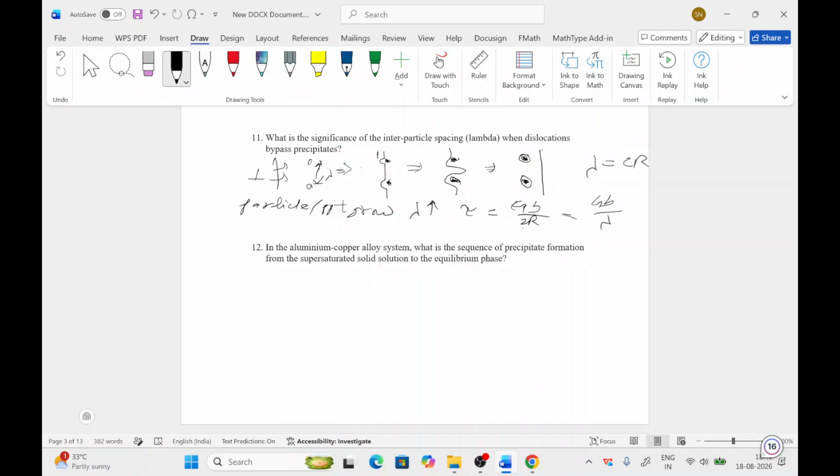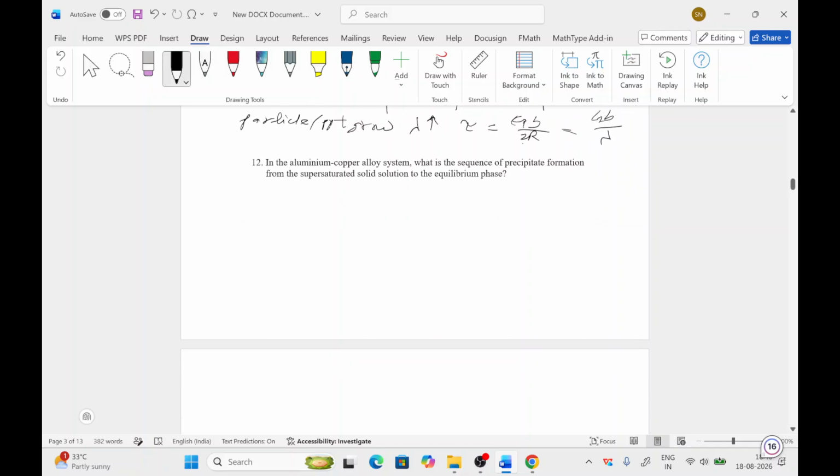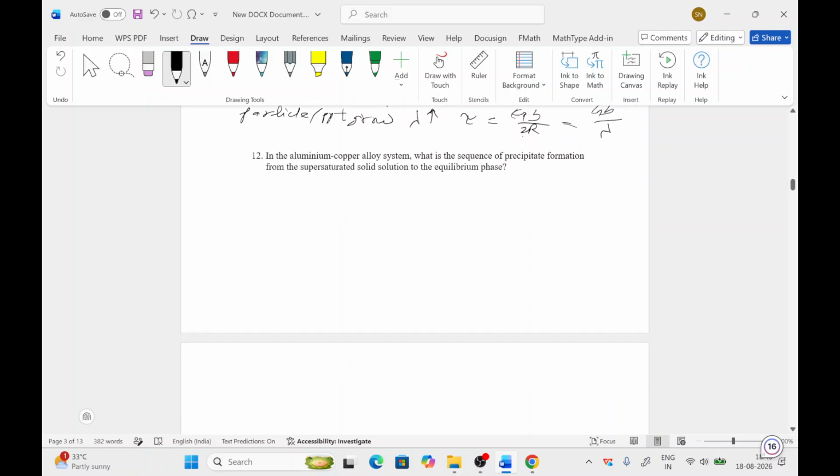Next question is, in the aluminum copper alloy system, what is the sequence of precipitate formation from the supersaturated solid solution to the equilibrium phase? In the aluminum copper system, we have two atoms, aluminum and copper.